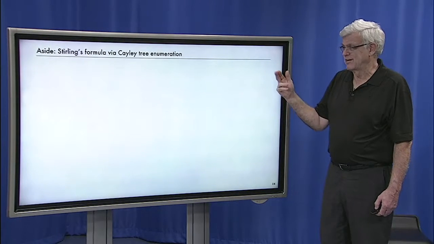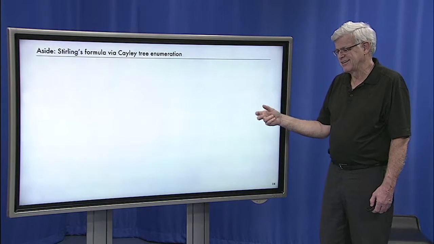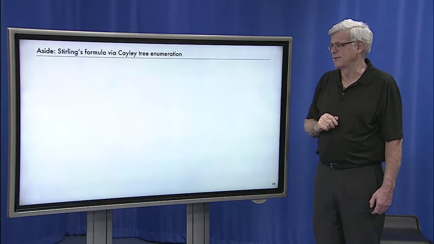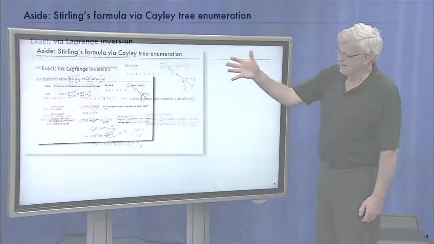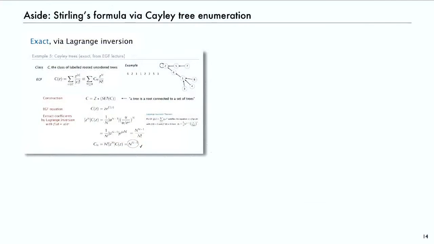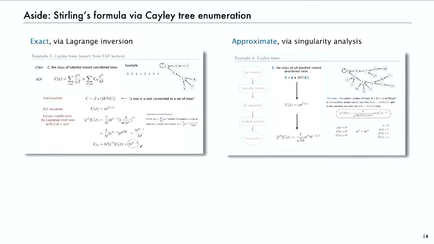Just as an aside, to show that everything is hidden under the covers, even Stirling's formula is hidden under the covers. We looked at the exact derivation through Lagrange inversion, and then in this lecture, we talked about the approximate derivation through singularity analysis. The exact one says we get n to the n minus 1.